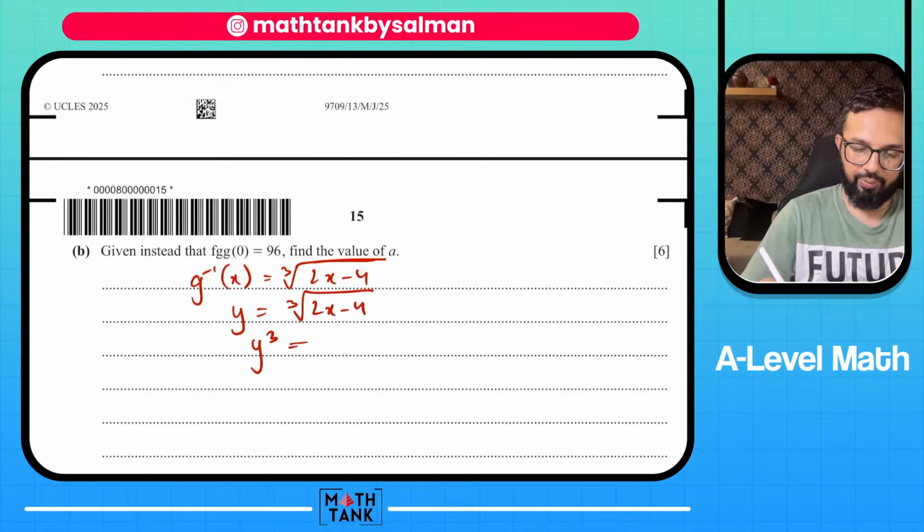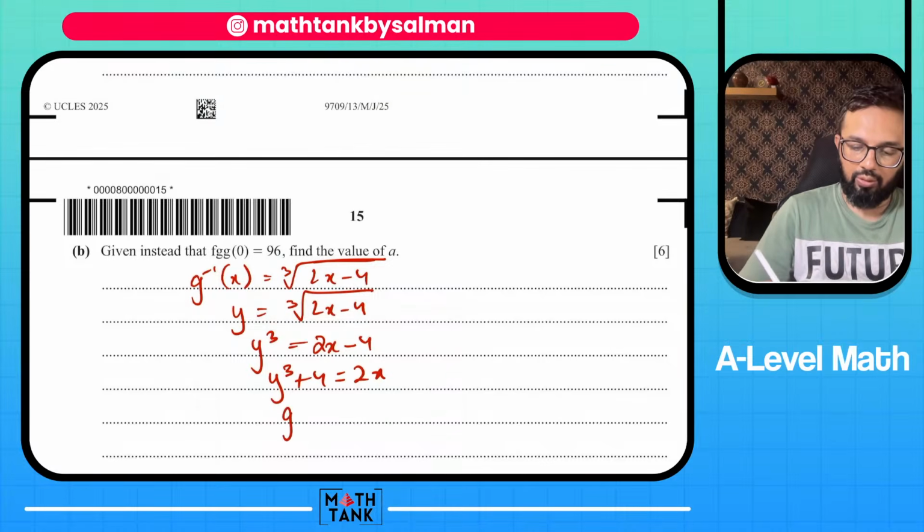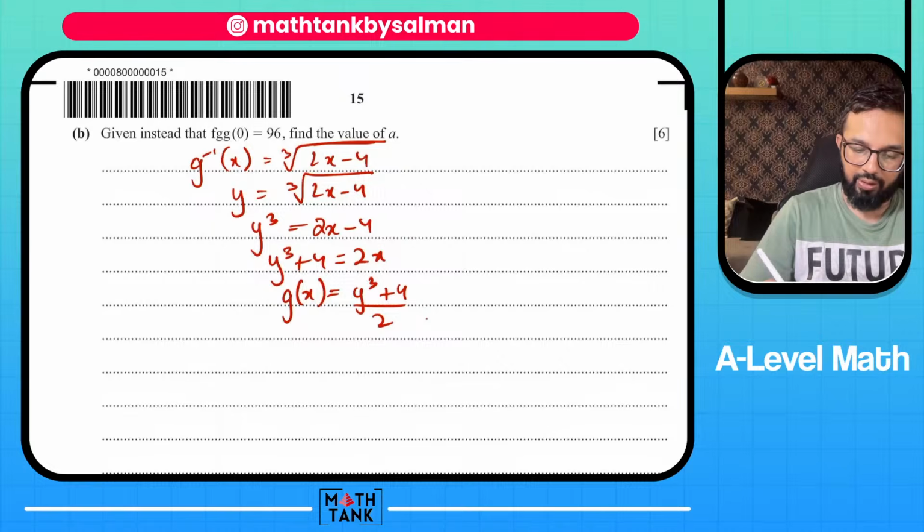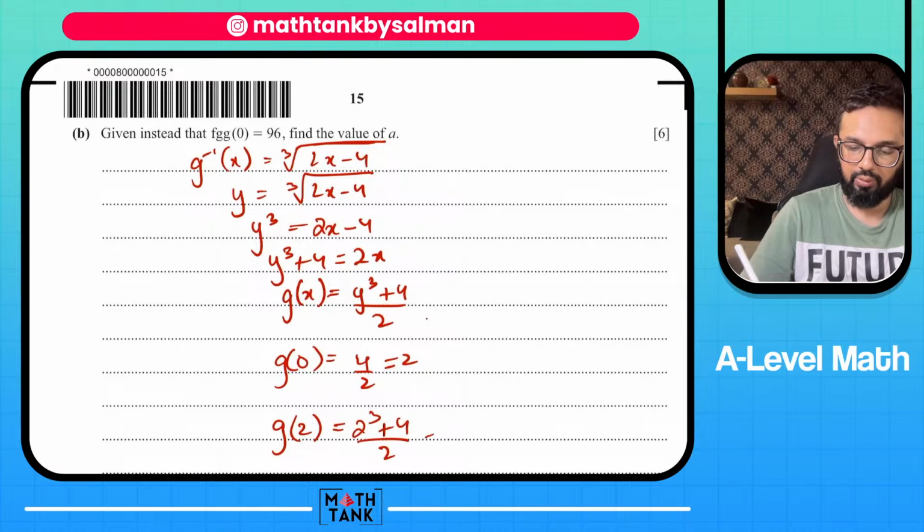Y cubed equals to 2x minus 4. Y cubed plus 4 equals to 2x. And then g of x is going to be x cubed plus 4 over 2. G of 0 is 4 over 2, that's 2. That's another g of 2. So 2 cubed plus 4 over 2, 12 over 2, which is 6.